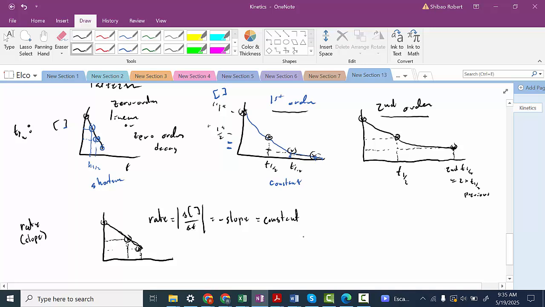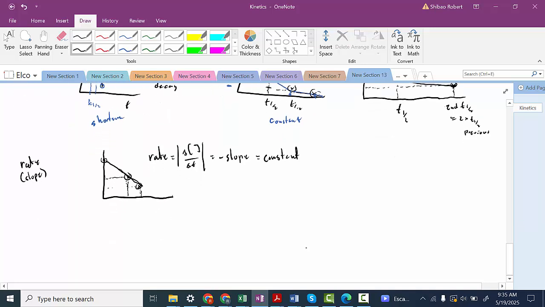However, what happens when the rate is changing? And so let's take a look at the first order type equation here. And let's take a look at what's happening with the slope. So I have my initial point here. First order, the way I usually draw it is go about halfway, and then we have our first data point, and then cut this in half again, and that should take the same amount of time.